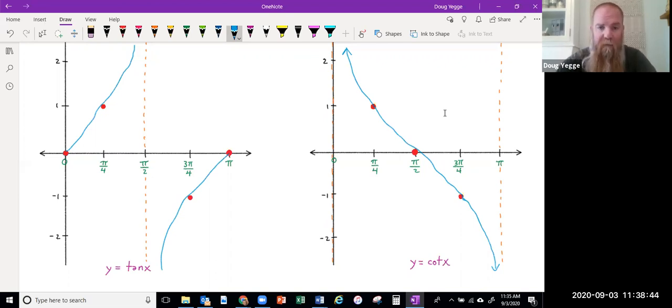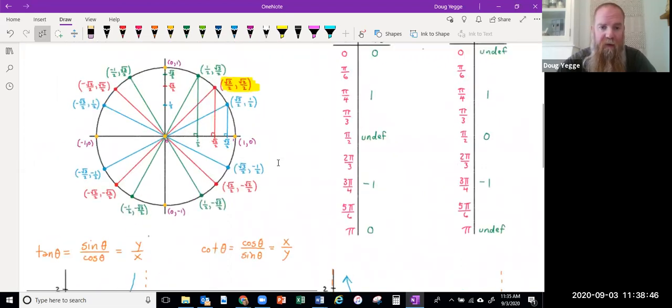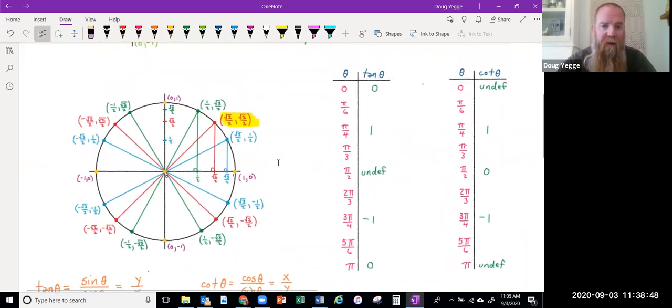And I'll give you a real brief understanding of why. Let's just say we wanted to look at tangent of theta, and we wanted to look at the angle of 89 degrees, really, really steep, okay? Well, notice that the y value would be quite close to 1, while the x value would be extremely small.